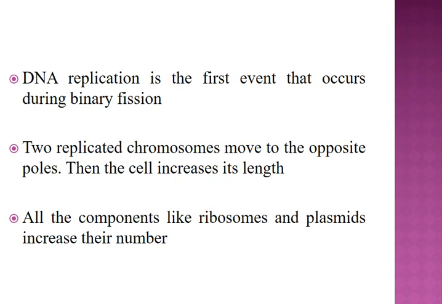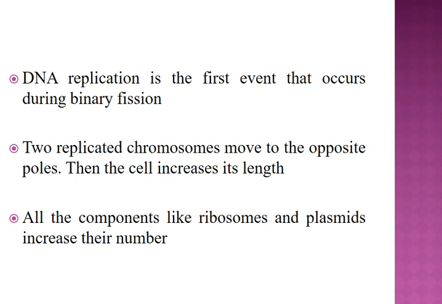DNA replication is the first event that occurs during binary fission. Before a cell divides, the DNA replication must occur. Then only the cell will divide by the process of binary fission, and then the replicated DNA or replicated chromosome moves to the opposite poles, and then the cell increases in length.